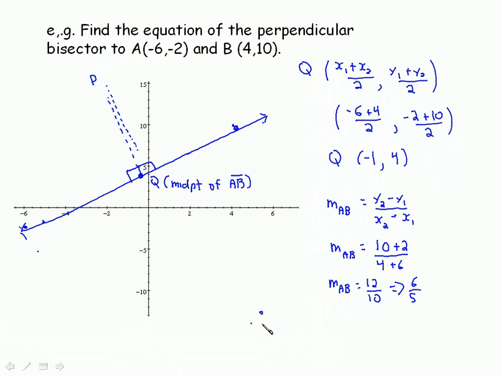Therefore, the slope of PQ will be equal to the negative reciprocal of that, which is -5 over 6. So you flip it over and you change the sign.